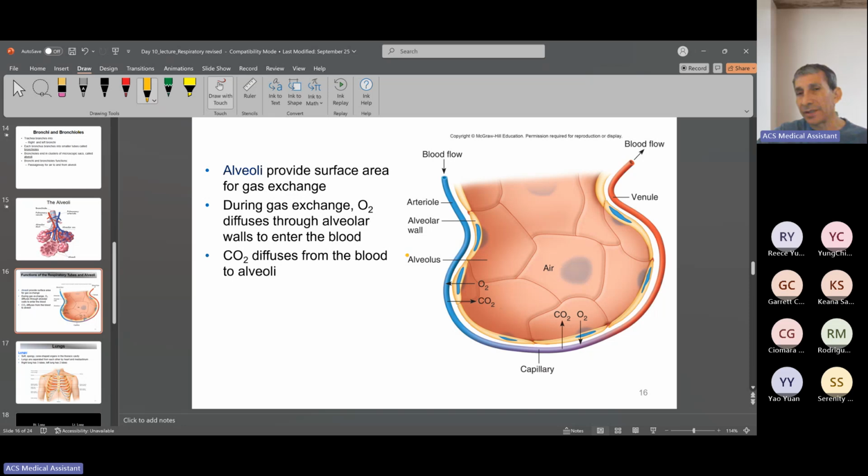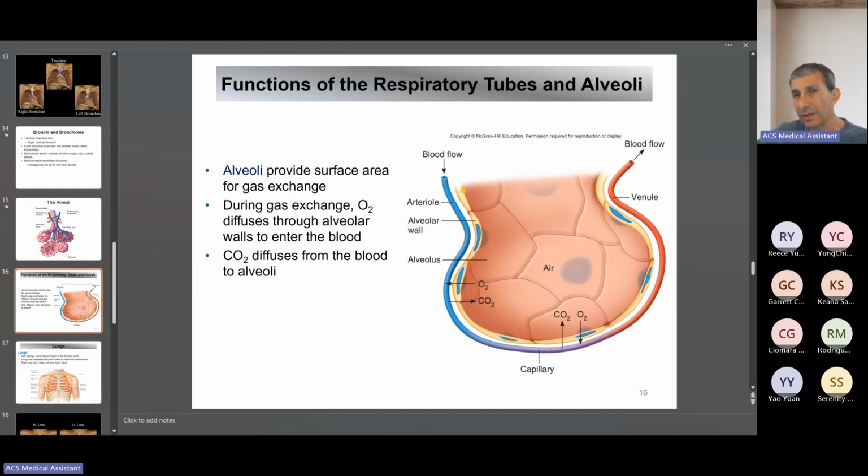Now think about this membrane right here that allows the diffusion of oxygen to go inside the blood vessels, and the carbon dioxide to go out. If it is damaged, swollen, too thick, it doesn't allow either to pass or enter. Well, we're gonna have problems because oxygen is not going to go inside the blood system, and carbon dioxide is not going to be able to be removed from the blood system. So now we are in deep trouble.